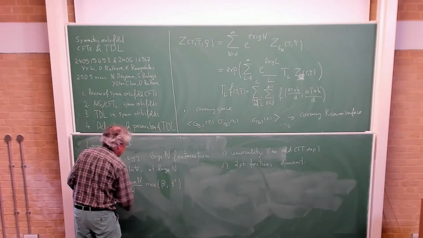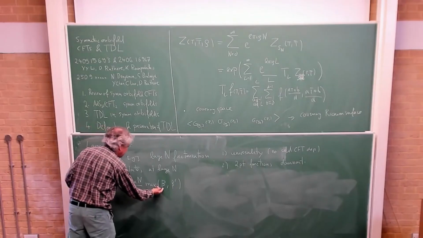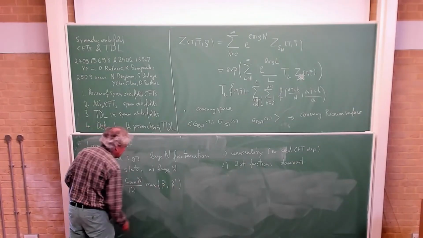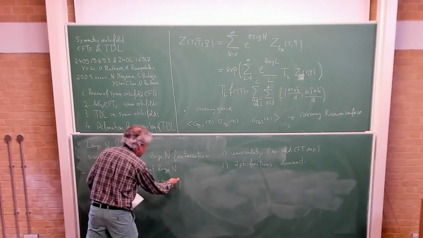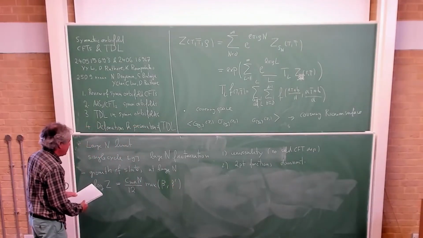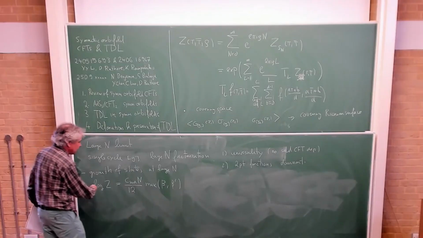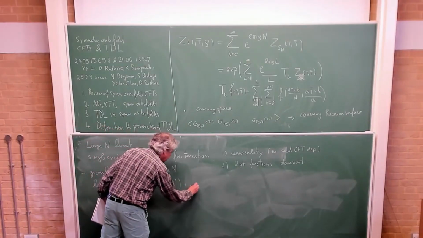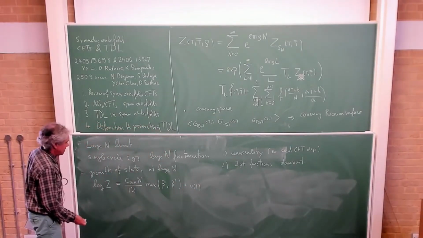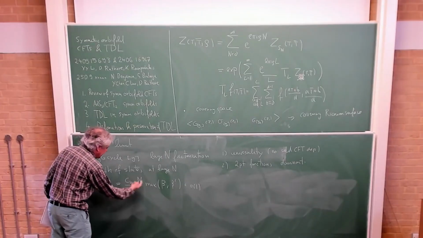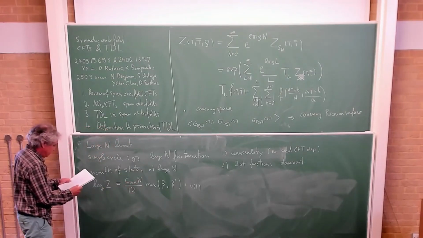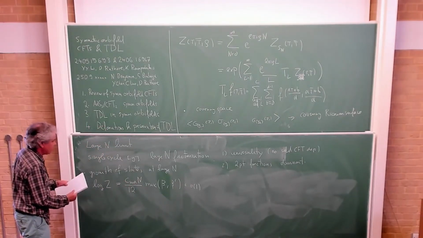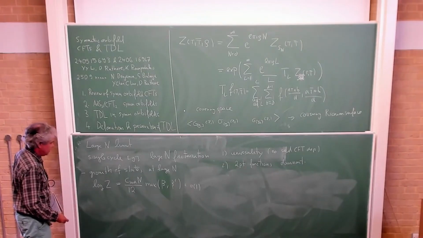If I think about this as a thermal partition function, this would be the temperature, and the inverse temperature, 4 pi squared over beta. But the main thing here is the growth, plus order 1, and things falling off. Again there is a universality: the only thing that comes in is the seed central charge, not the details of the CFT.